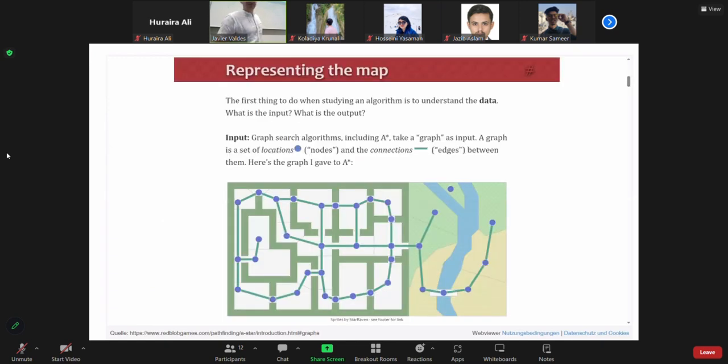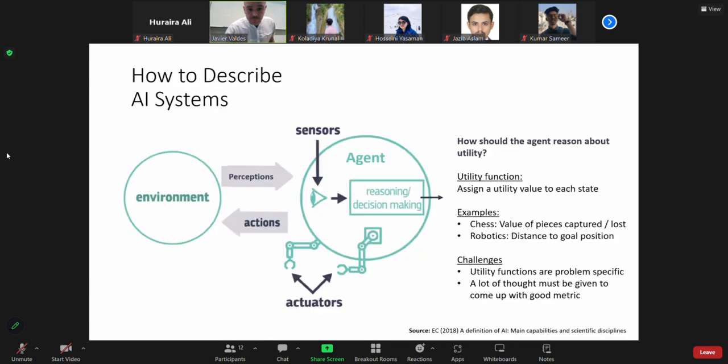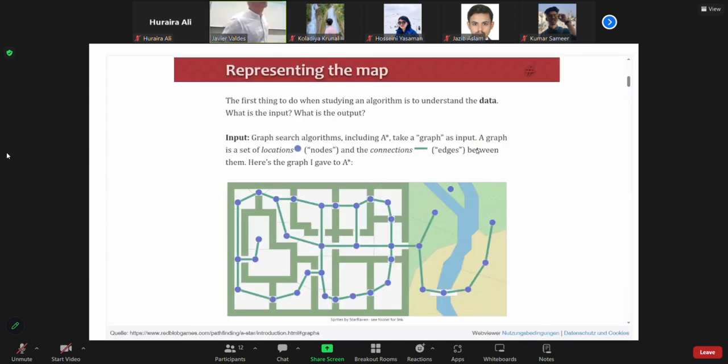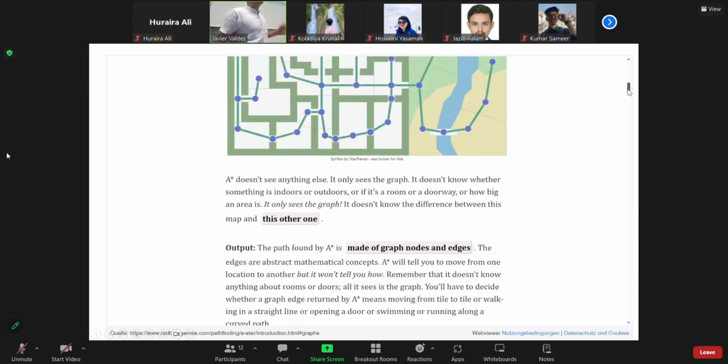There is also a nice website from, I think, Stanford. I can also provide you with the link. The interesting thing about this website is that it is search theory applied to games.